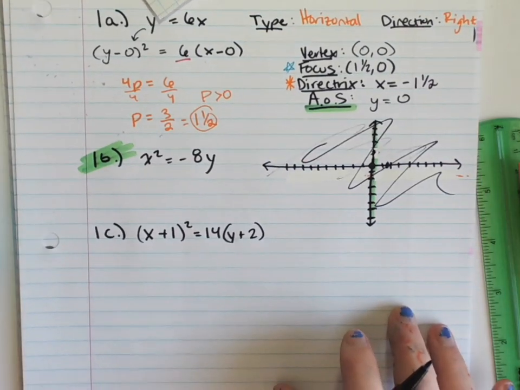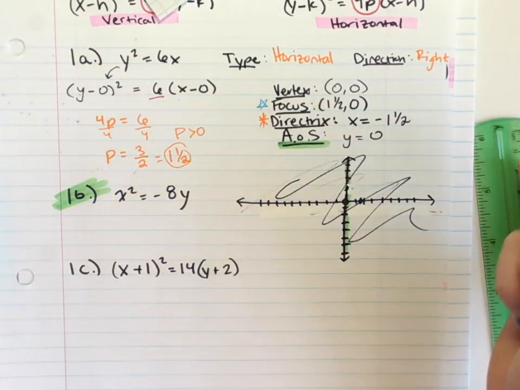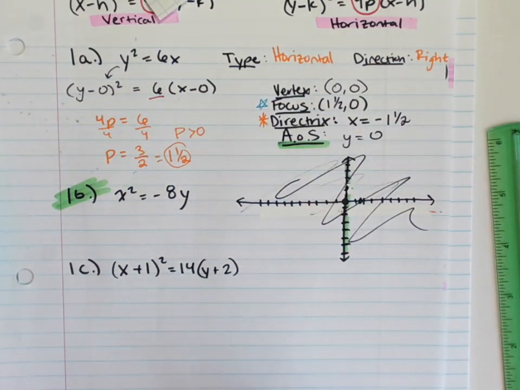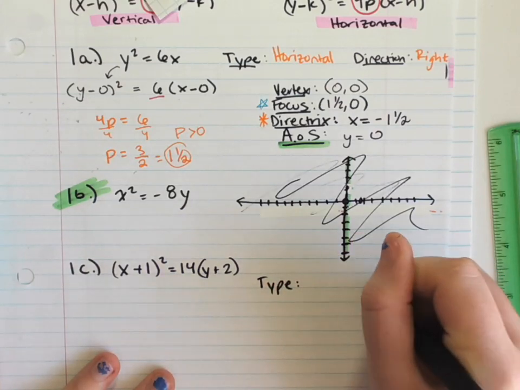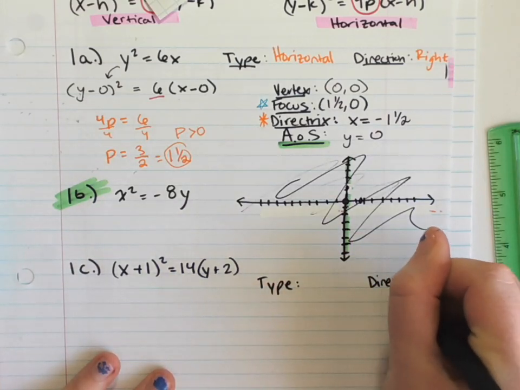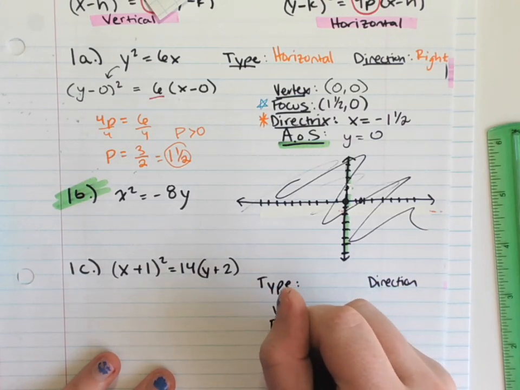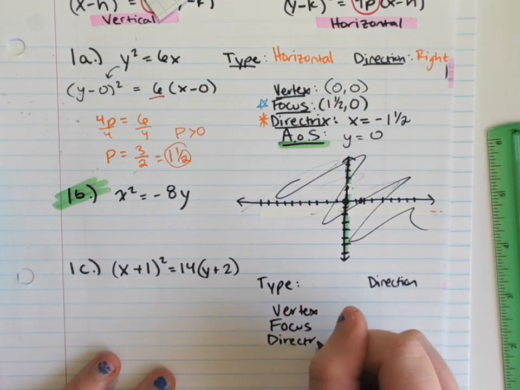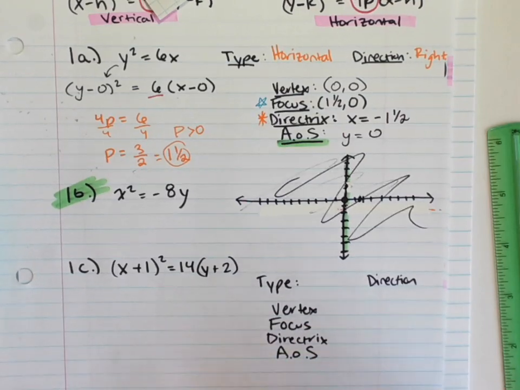Cool. So why is this one different than that one? Well, this one had a center at 0, 0. This one's going to have a center at an HK coordinate. So let's list all the things we need to find. Type, direction, vertex, focus, directrix, and the axis of symmetry.